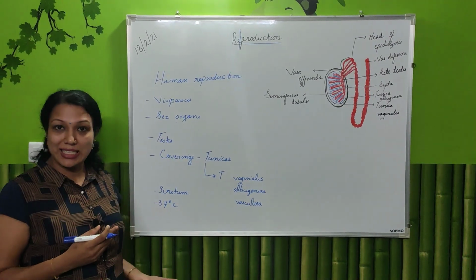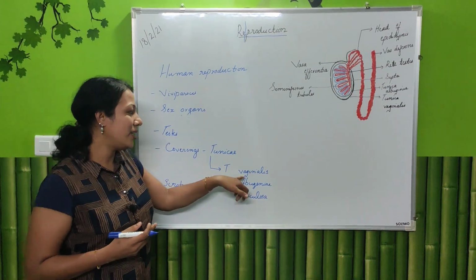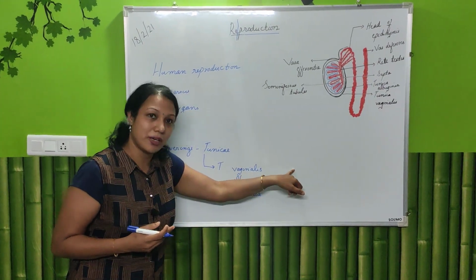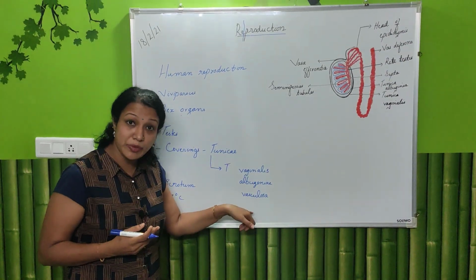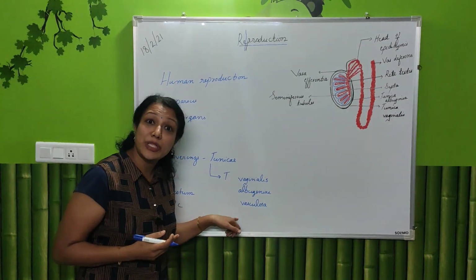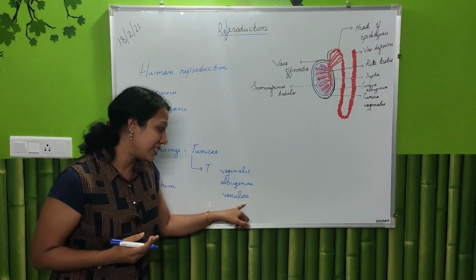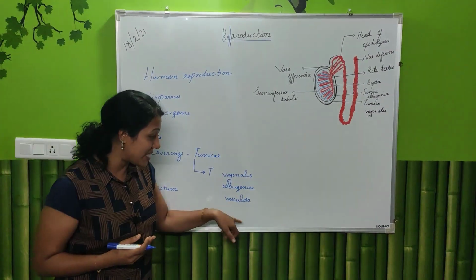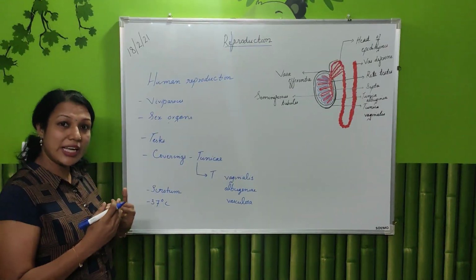I hope this part is clear. Now if you want to give a definition, don't try to learn by heart. Tunica vaginalis, it is the outer covering. Now albuginea, it is the covering present between tunica vaginalis and tunica vasculosa, right? Now the inner covering we will call as tunica vasculosa. It is present inside tunica albuginea. So that's the way you can create your definition.